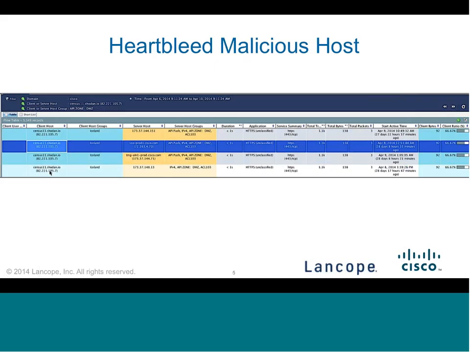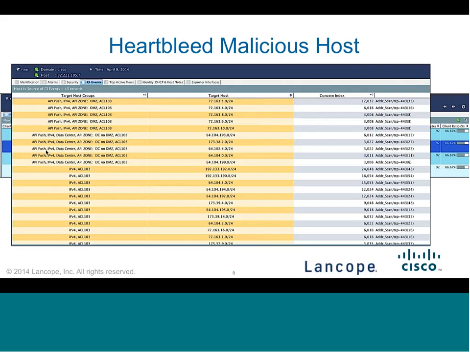And just for some context here, here's what a malicious host looks like. Exact same report output, but we can see that this host is repeatedly hitting lots of our infrastructure, and anyone who has looked into Shodan in the past knows that it's sort of an internet scanner looking for vulnerabilities and trying to map them out.